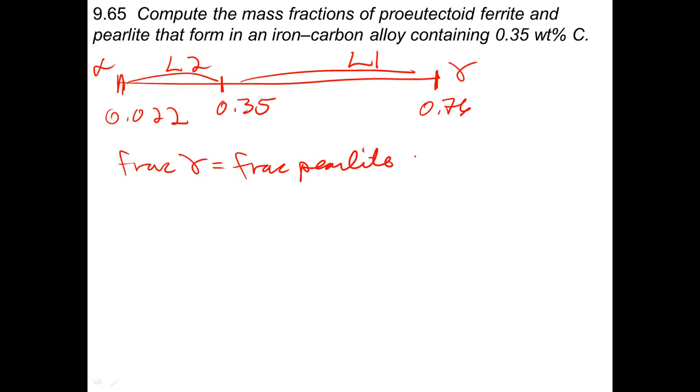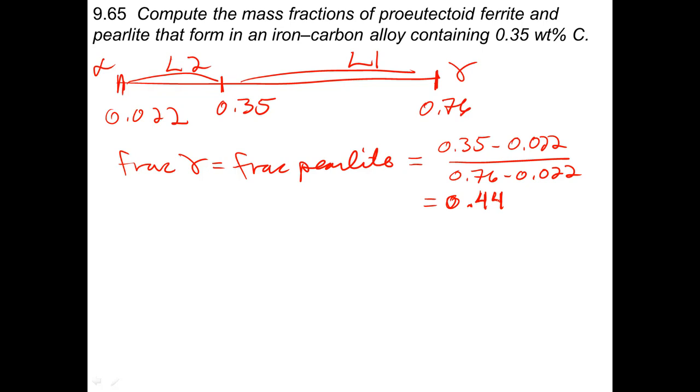So if we can calculate the mass fraction of austenite, in turn we're calculating the mass fraction of pearlite. So we'll take L1, divide by L1 plus L2, and we can calculate the mass fraction of pearlite is 0.44.